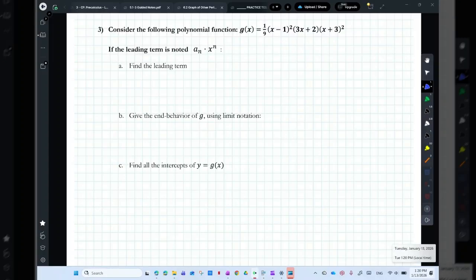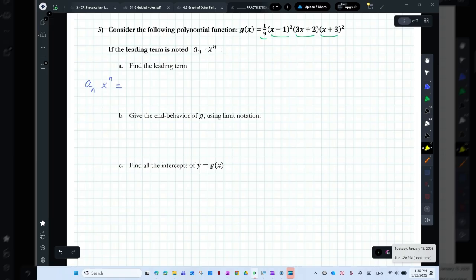Question number 3. I've got g of x, a polynomial function in its factored form, and the first part is asking me to find the leading term, a_n times x exponent n. To do that, I'm going to consider each of those four factors, but take only the leading term of each.